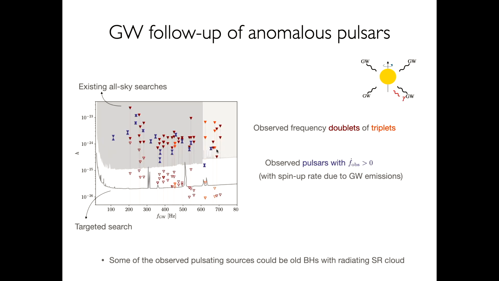Yeah, so it's related to the answer I was giving previously. We did do a comparison. Here are some potential pulsars, and these are your existing all-sky searches in dark gray and targeted searches in this line for some particular pulsars, and these are potential candidates. Here we assume that it's emitting at the maximum value of all of the parameters, and because we don't know exactly how much power goes into the radio band, we just had to make some assumptions about the rate.